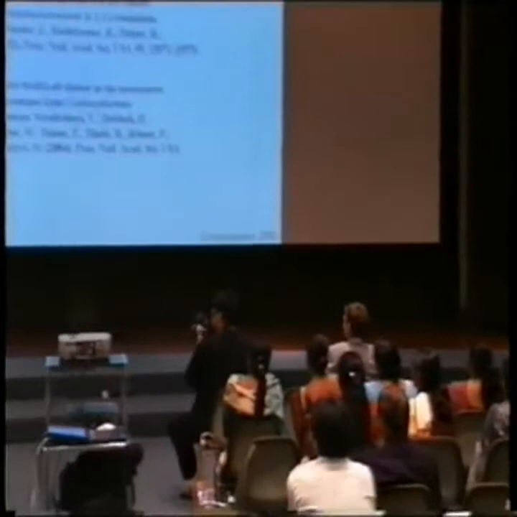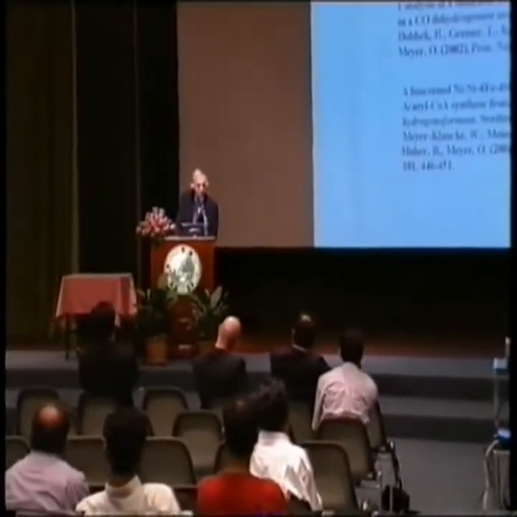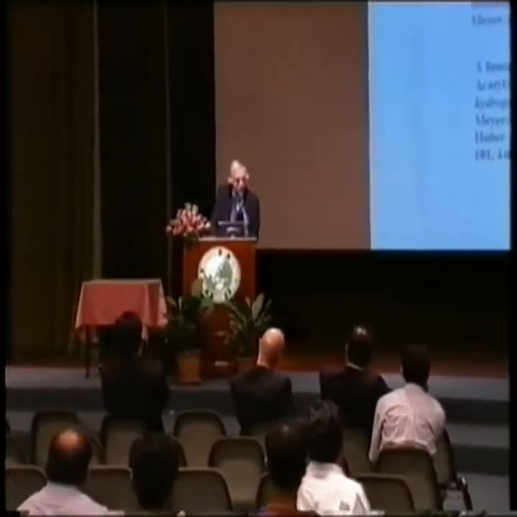I think it's quite well established right now that these prion diseases are due to the misfolding of a particular protein which occurs in a healthy state and in a disease state.